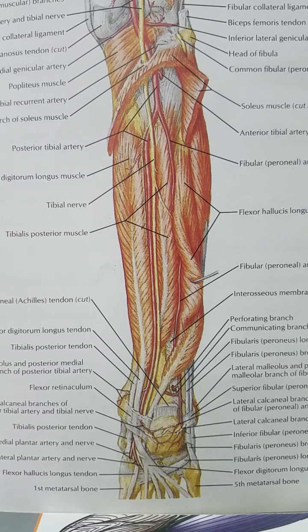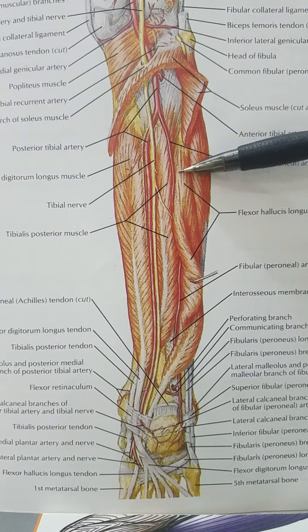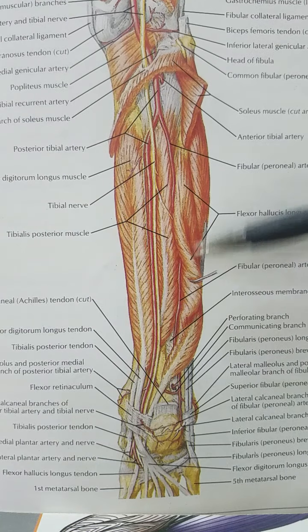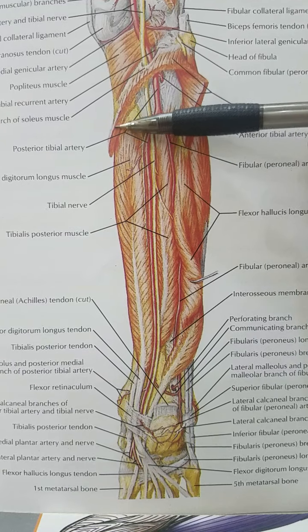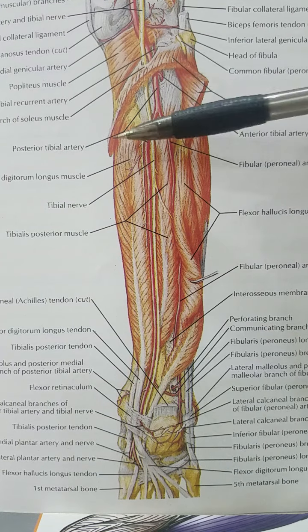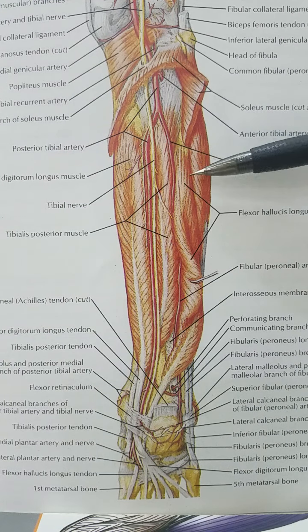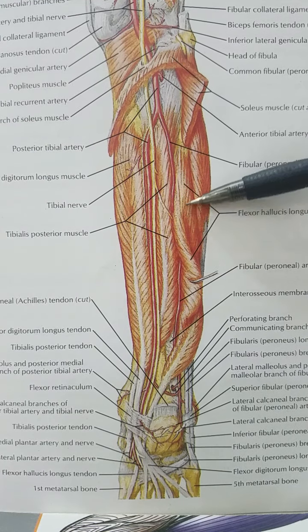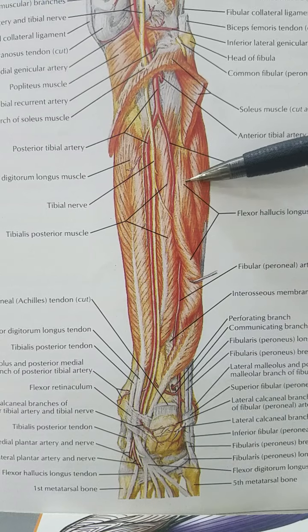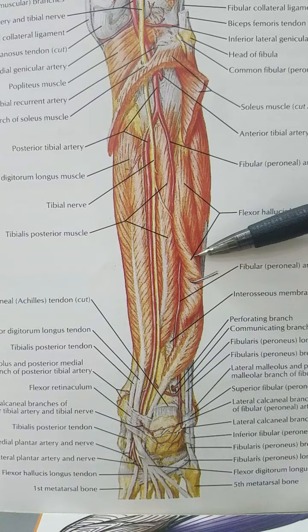Okay, now this figure shows the Flexor Hallucis Longus. As you can see, this is the soleus, the inverted U-shaped origin of the soleus that has been cut off. Underneath that, you can see the deeper muscles, and this one here that has been slightly retracted is the Flexor Hallucis Longus muscle.